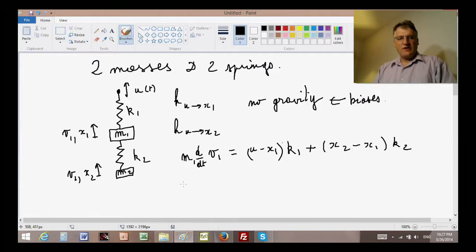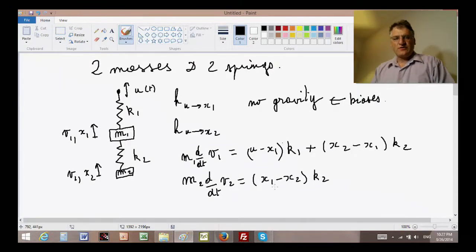Now, likewise, m2 d/dt of v2 is equal to (x1 minus x2) times k2.